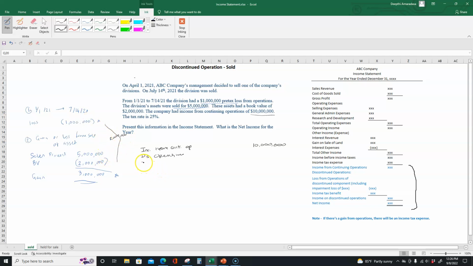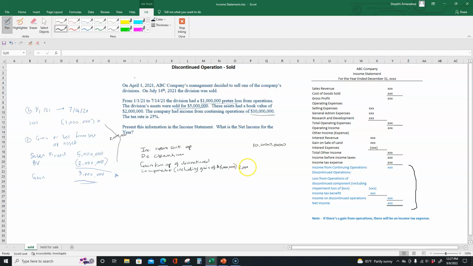So we're going to say gain from operations of discontinued component, and in brackets including gain of 3 million, and that total, and I know I don't have room here, but that total is going to be 2 million.